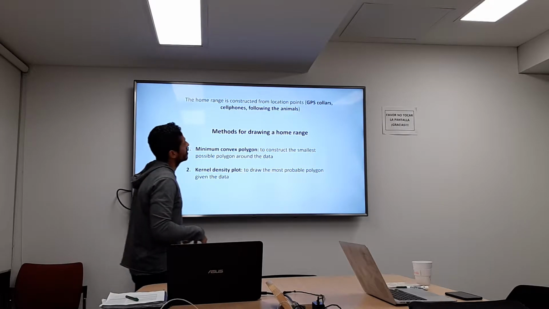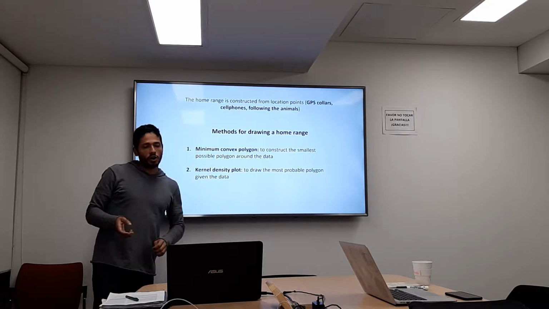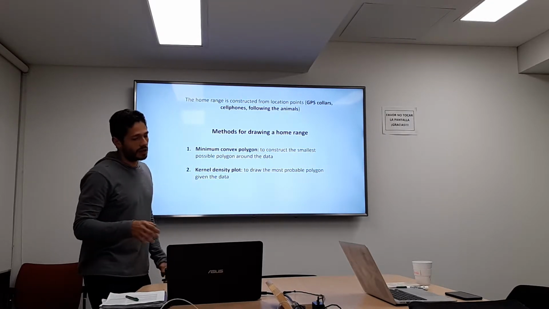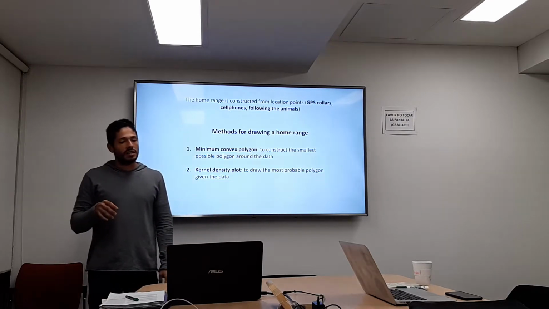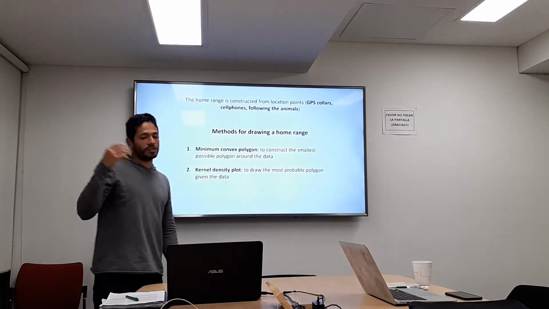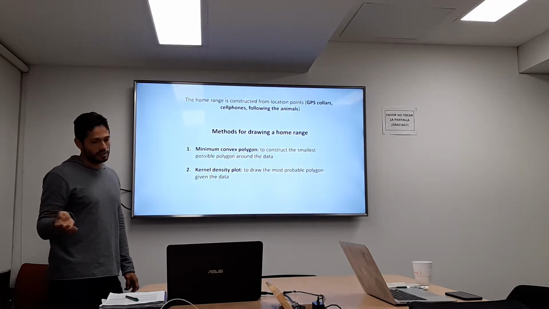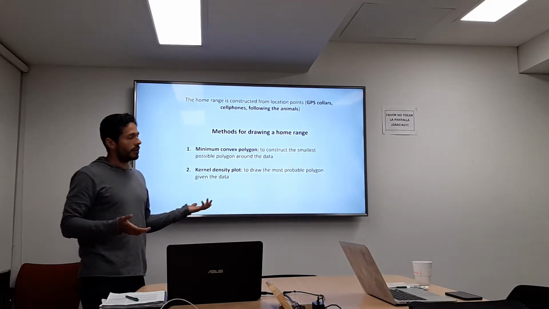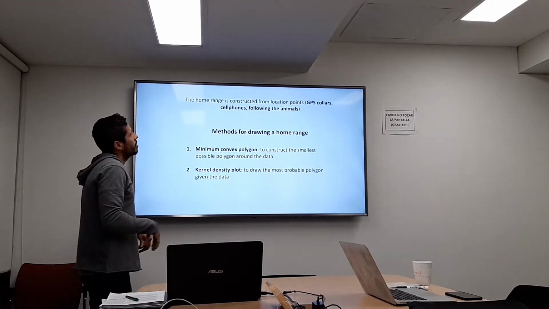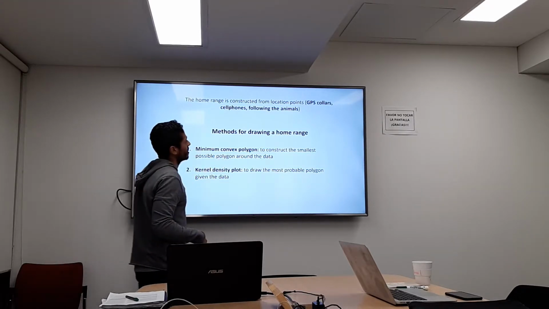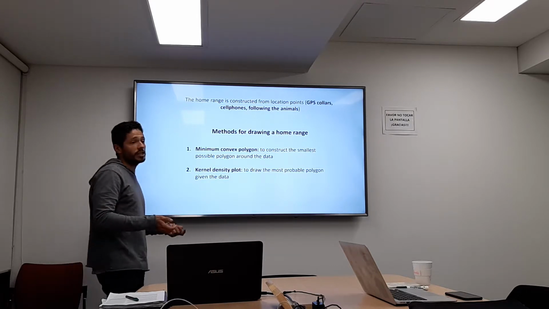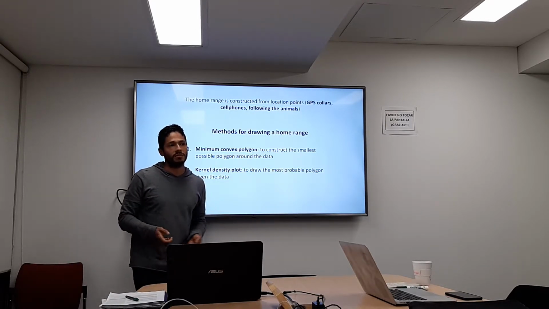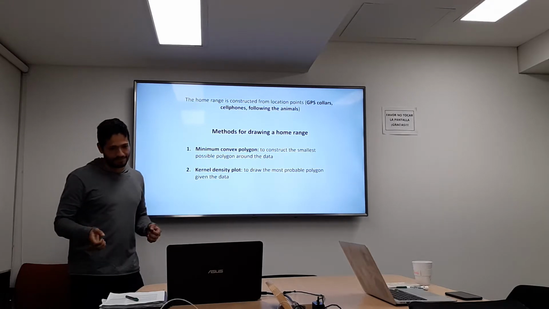For example, GPS collars that are placed on individuals, and these collars transmit the data through satellites using mobile cell phone technology, or the hardest way, that is following the animals and registering the locations with a manual GPS device.